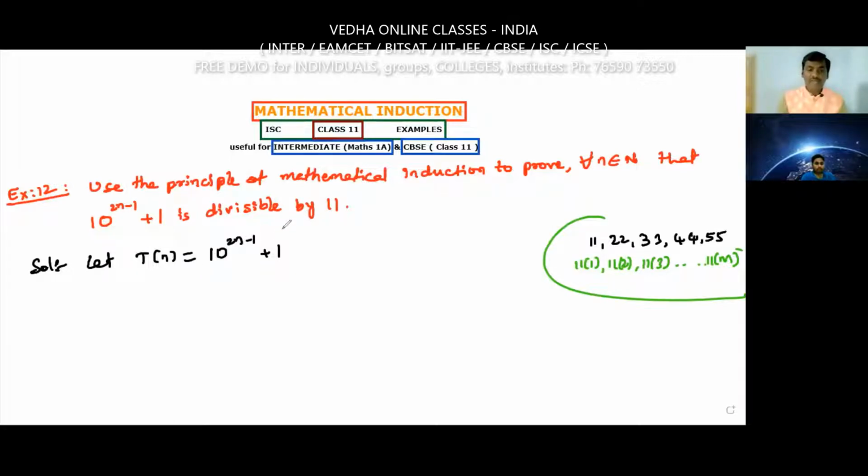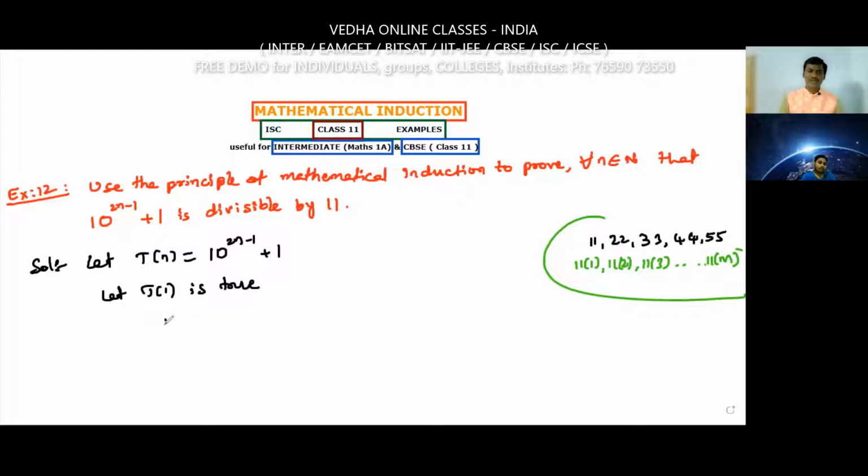Now T(n) is 10^(2n-1) + 1. Let T(n) be true for n = 1, or T(1) is true. If it is true, then substitute.